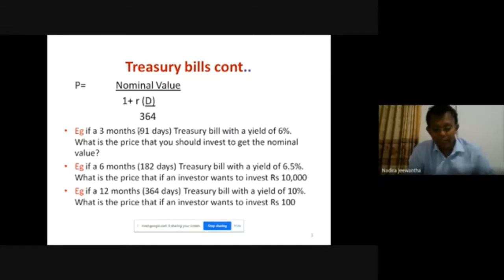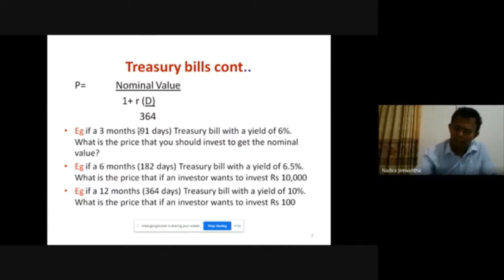But if it is a treasury bond, yes, if it is a 365 day year, then you should divide by 365. If it is 366 days, then you should divide by 366. But irrespective of 365 or 366, for a treasury bill you have to take 364.